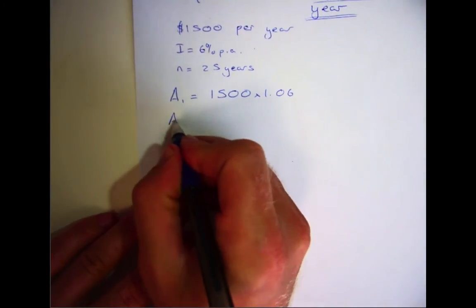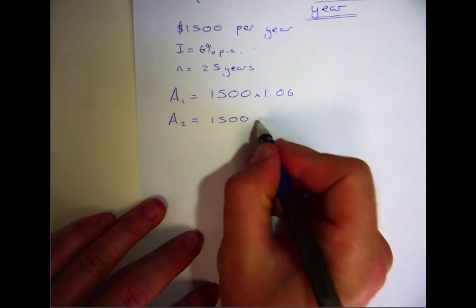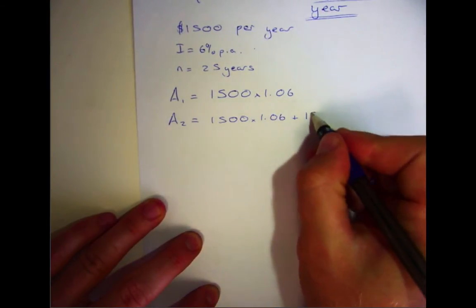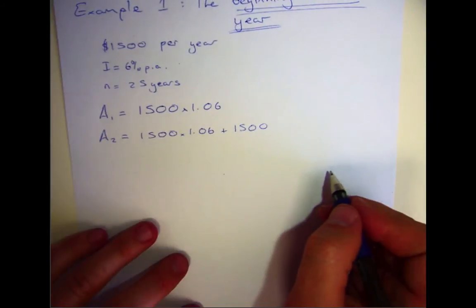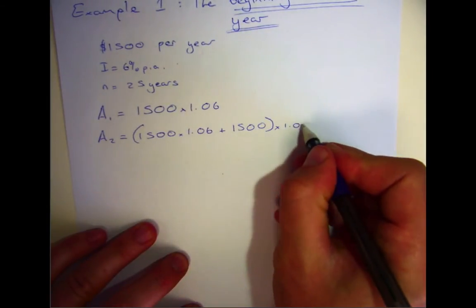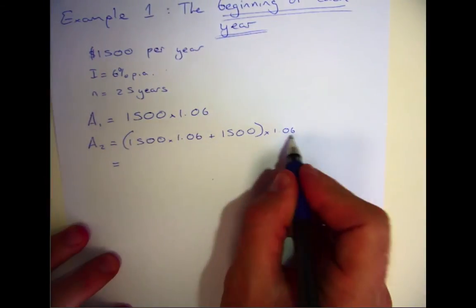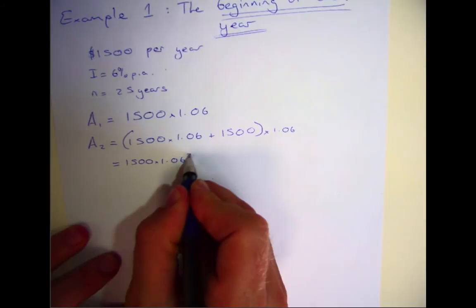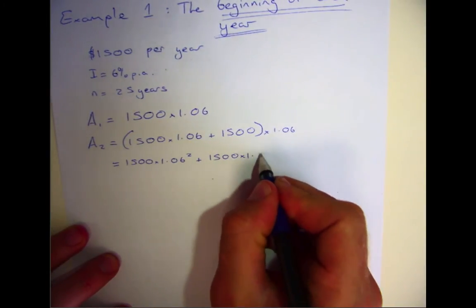Okay, in year 2, we have this amount already in the account. At the end of year 1, we invest $1,500 at the beginning of year 2. Now over year 2, that is going to earn interest. It's 1.06 interest. Okay, so this times this is 1,500 times 1.06 squared plus 1,500 times 1.06.